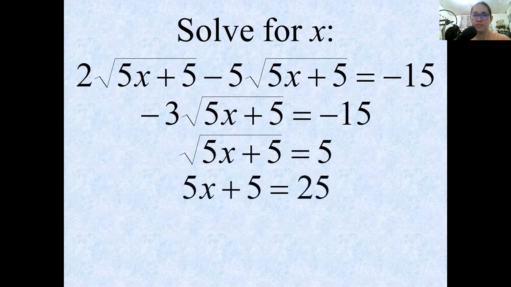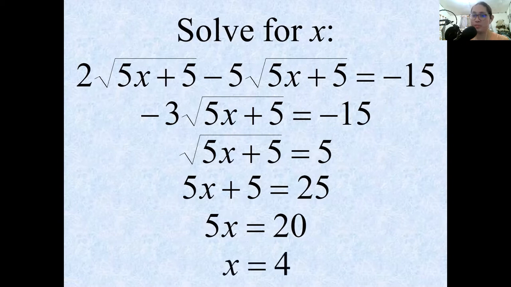That gives us 5x plus 5 is equal to 25. Then isolate x: transpose 5, that gives you negative 5, applying the subtraction property of equality. Then you have 5x is equal to 20. Then divide both sides by 5 to isolate x. So we have x is equal to 4, which is our final answer.